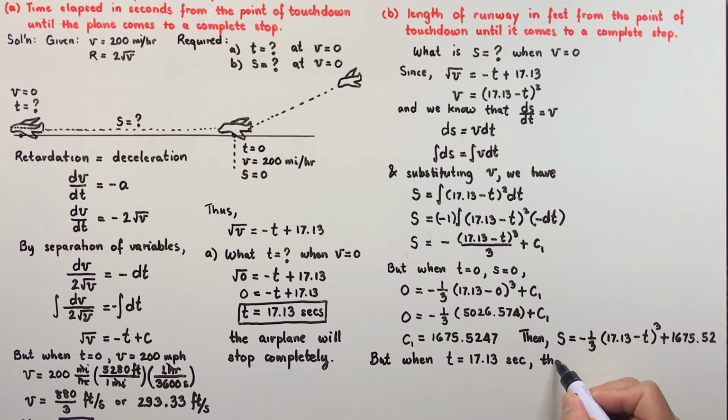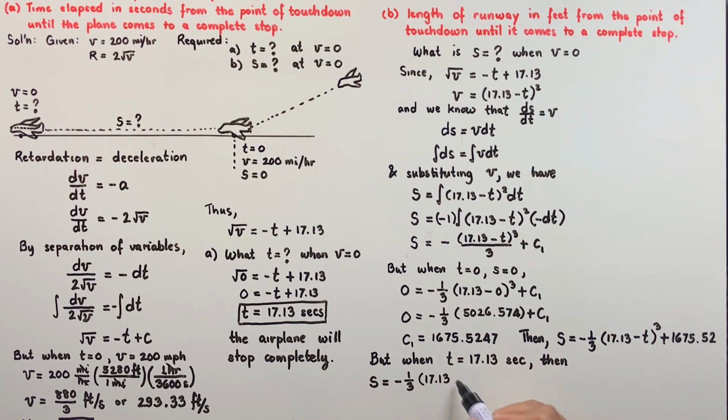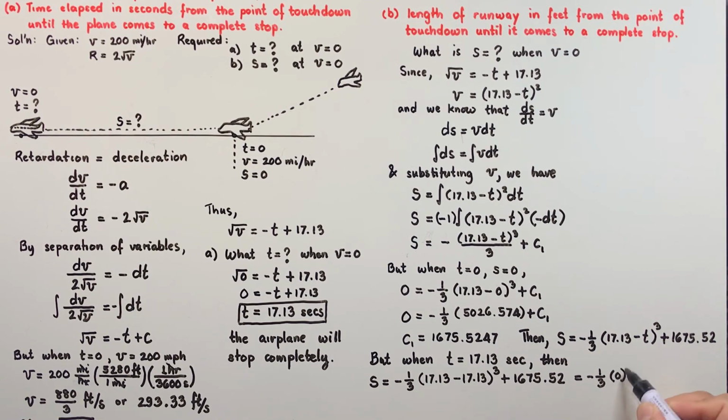We can find the distance traveled by the plane in the runway. So our S is equal to negative 1/3 times 17.13 minus the time of 17.13 to the power of 3 plus 1675.52. And this is equal to negative 1/3 times 0 cubed plus 1675.52.